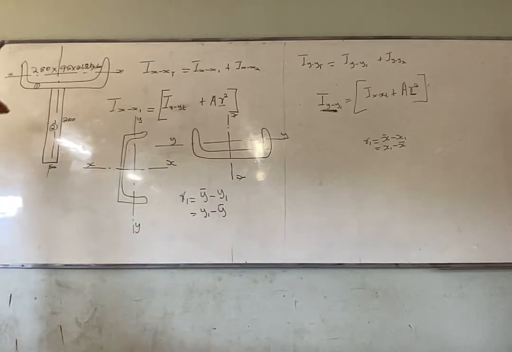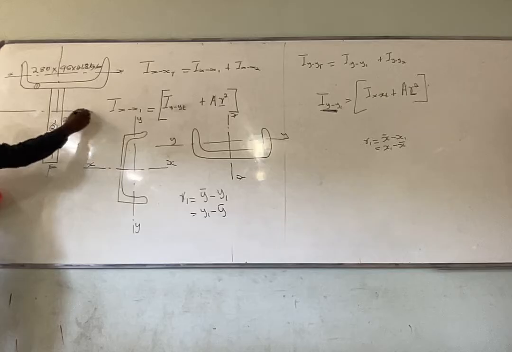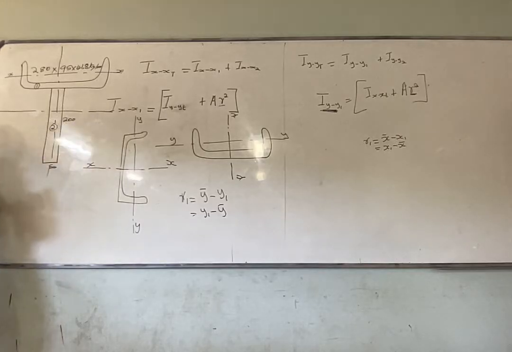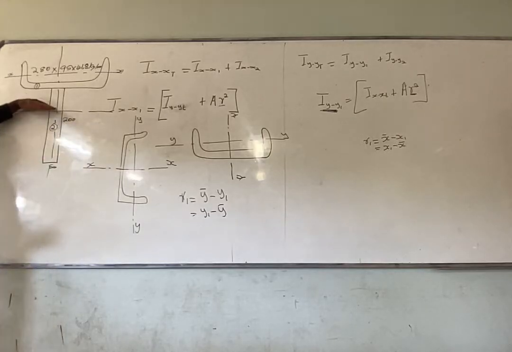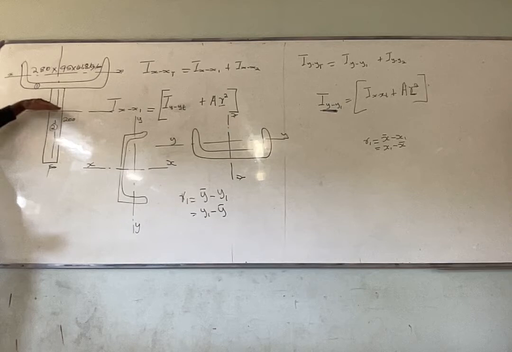And not forgetting, if you find it like this one, your neutral axis, your centroid, can be somewhere there. Is the shape above the same as the shape at the bottom? So this is not symmetrical. Therefore, you will be required to calculate Y bar as we were doing yesterday.